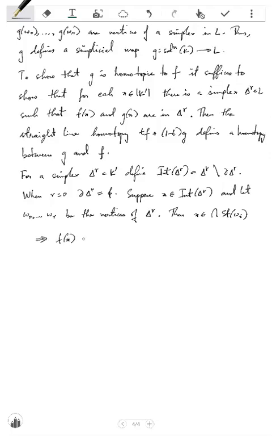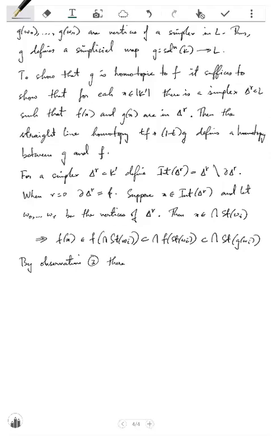This implies f of x belongs to F. So by observation 3, there is a simplex in L which contains f of x, g of W0, up to g of WR.